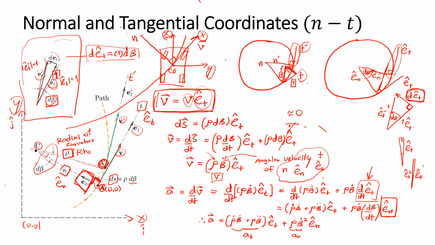And the distance here is perpendicular to the radius. It seems like the circumference is perpendicular to the radius. And what is the axis that is perpendicular to the eT, the unit vector of eT? The eN is the axis that is perpendicular to the eT.